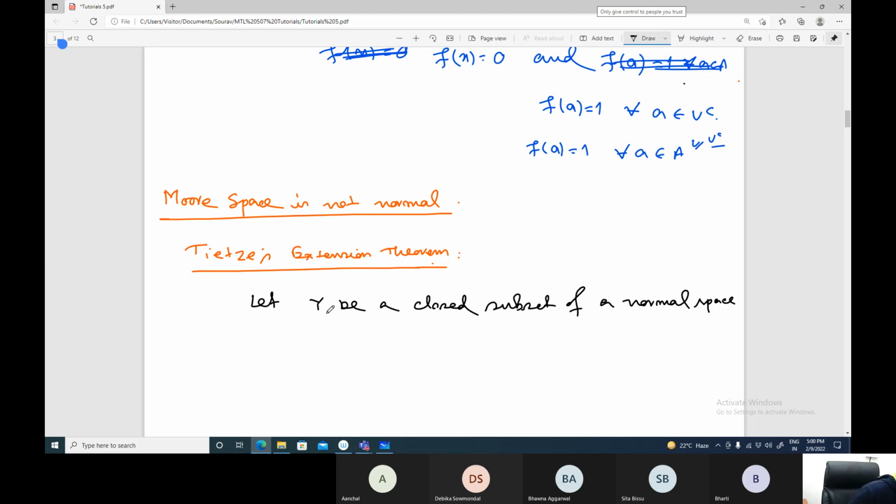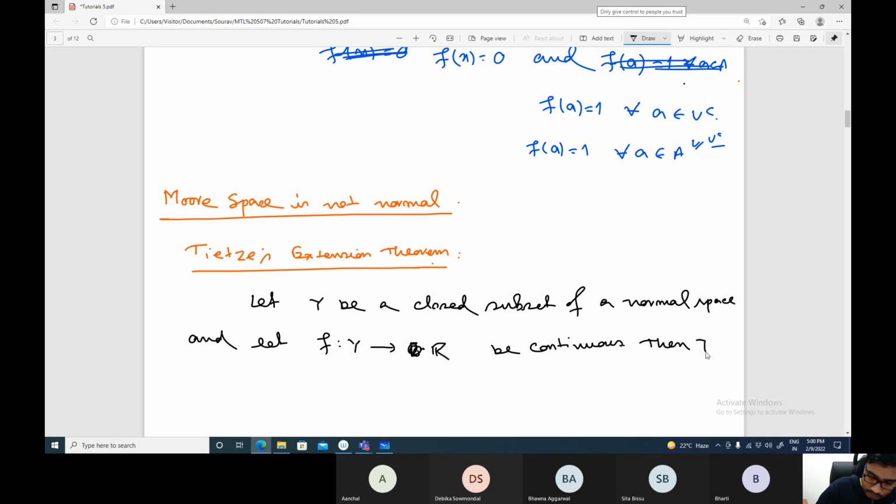Then any function, and let f from Y to, which codomain do you want to take? So it is R. Okay, R. Let this be continuous.